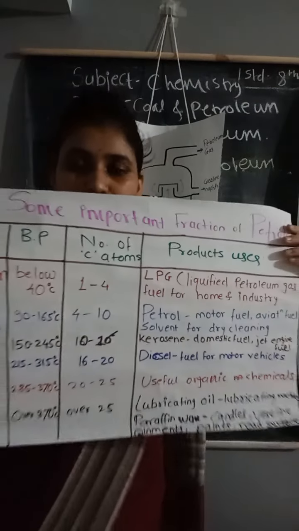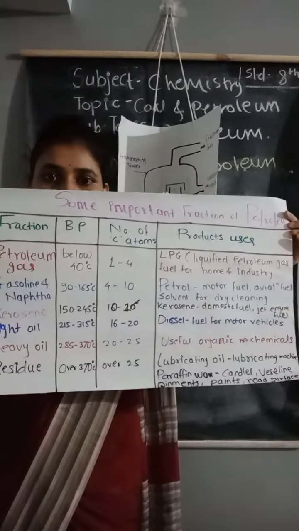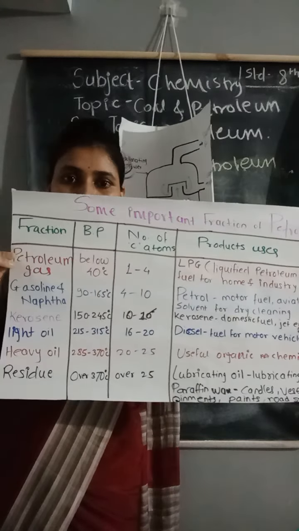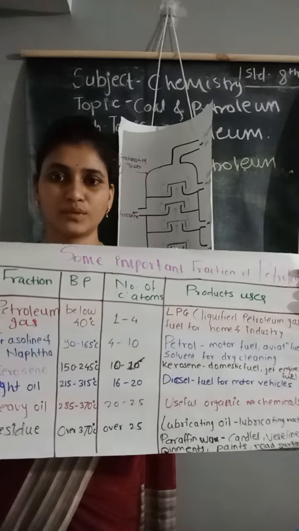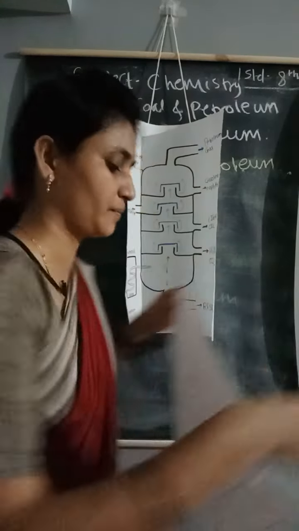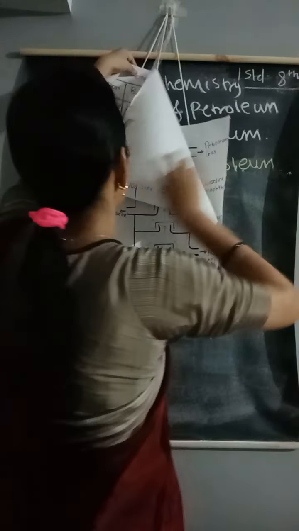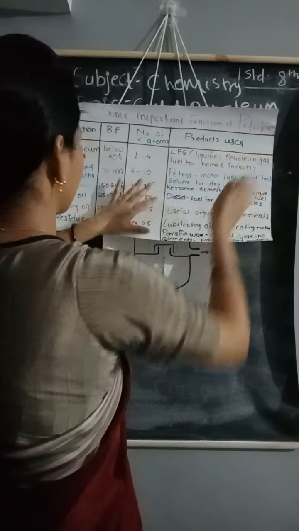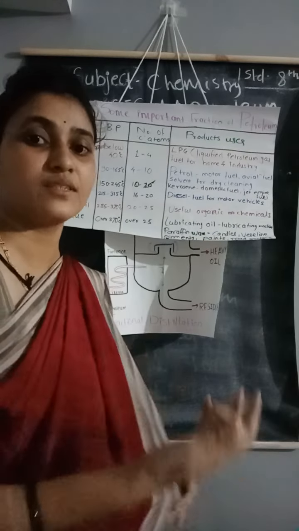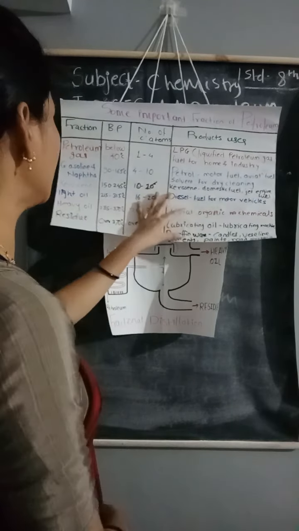Students, I have a chart of the uses of petroleum in today's world. I'll hang this chart here and read it out for you all, so listen carefully. Here are some important fractions of petroleum and their uses.